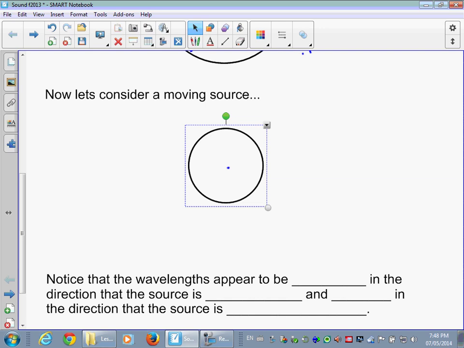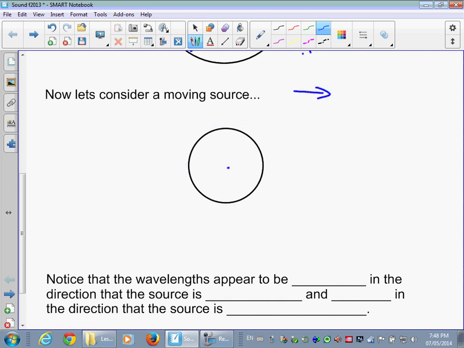But since we have a moving source, let's say our source is moving to the right. Since we have a moving source, that's where the source was originally, so we'll call that point 1. A little while later, our source is, let's say it's going to be right here. So the wave that is being produced by the source now has moved.